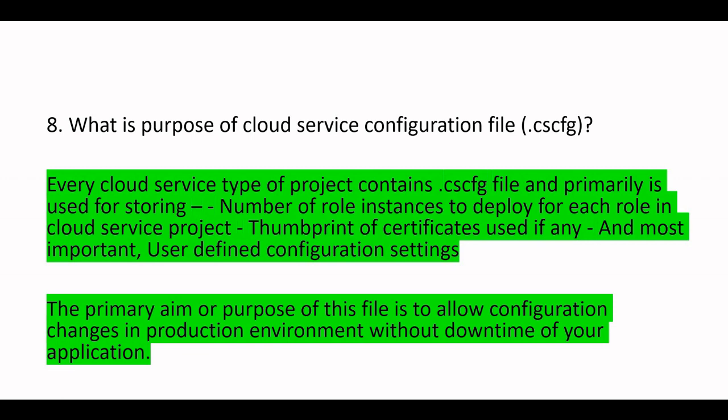Your application will be continuously up and running because it removes the dependency of your application on that file. So this is basically what a cloud service configuration file is. As it is written, the primary purpose is to allow configuration changes in production without downtime. It is also used in real time in companies.